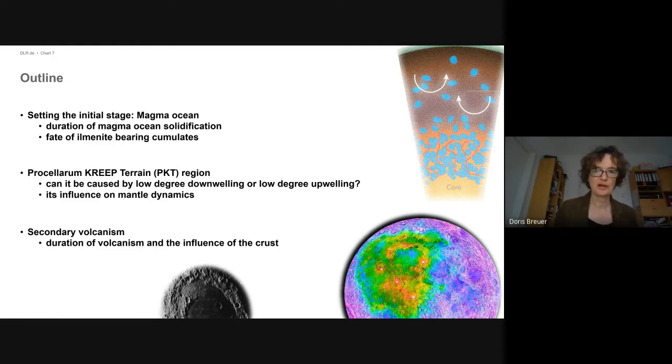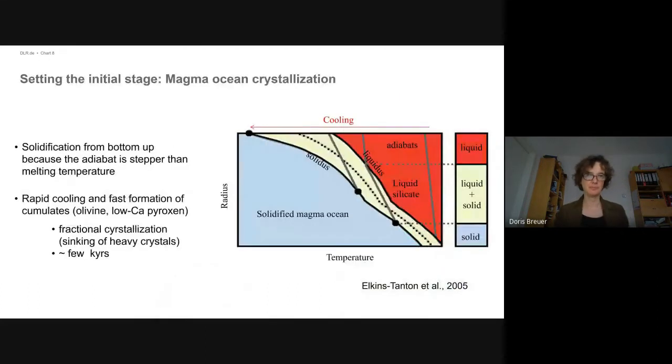Okay, let's first start with the magma ocean crystallization. So we know that, as I mentioned, we have a crust on the moon, which indicates there was a magma ocean at the surface. What you can see here is the radius and the temperature, starting from a totally molten surface. You see here the adiabat, which is steeper than the melting temperature.